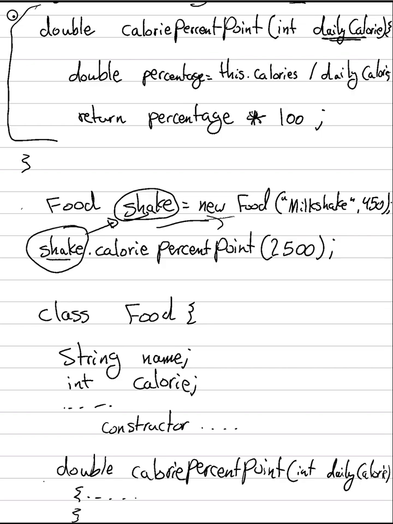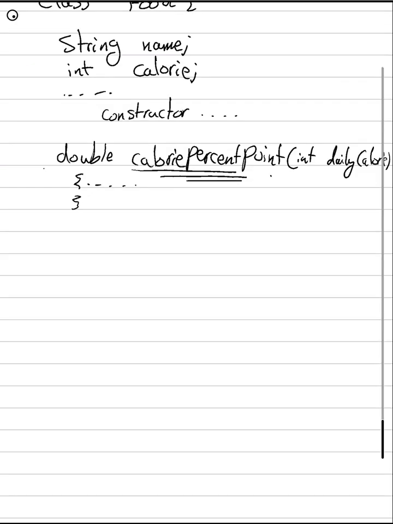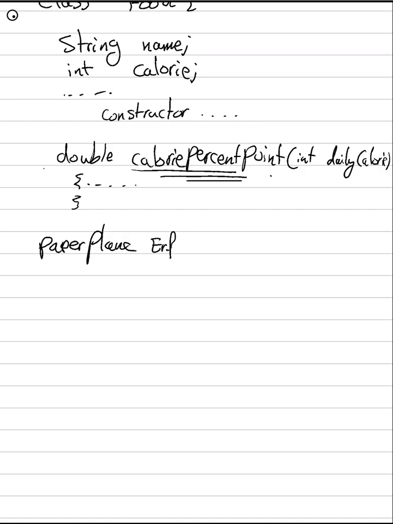So whenever you try to access a method, anytime you want to call a method, you first need to say the object, the instance of the class that you're going to call it on. Similar to how before we had the paper plane class, and we did Erfan's plane gets new paper plane.